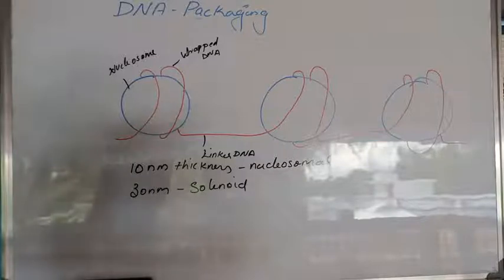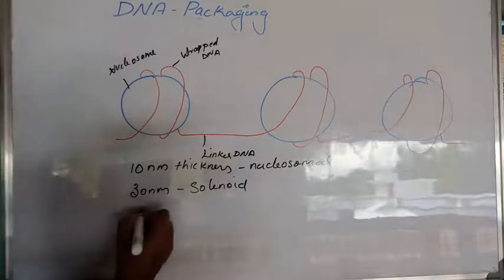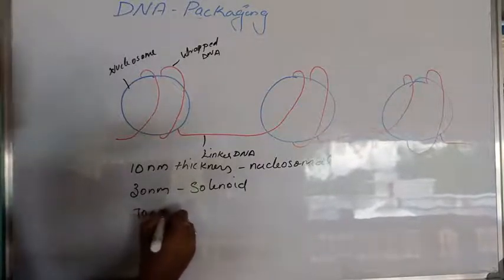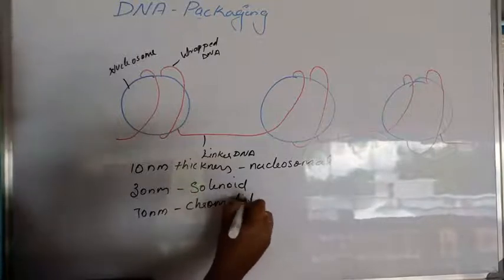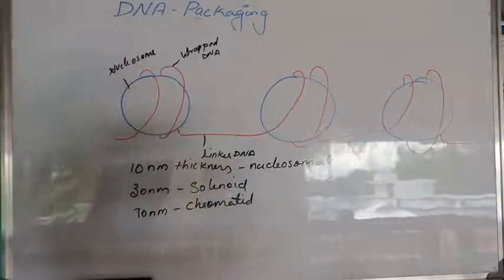That is our main motive. So the solenoid structure undergoes further coiling to produce a chromatid of 70 nanometer thickness. We call that radial loops.